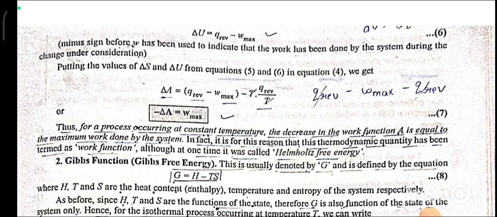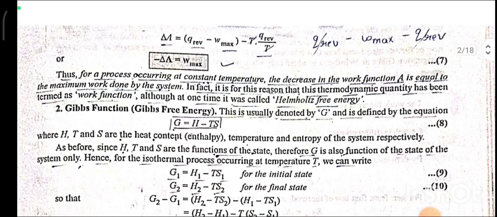Here the final result comes out to be -ΔA = W_max. Thus, for a process occurring at constant temperature, the decrease in the work function A is equal to the maximum work done by the system. In fact, it is for this reason that this thermodynamic quantity has been termed a work function, although at one time it was called the Helmholtz free energy.